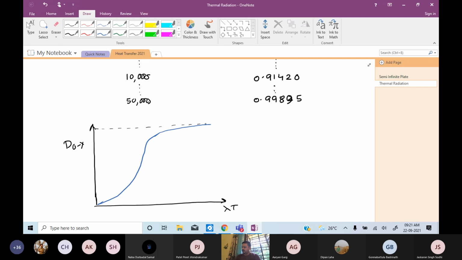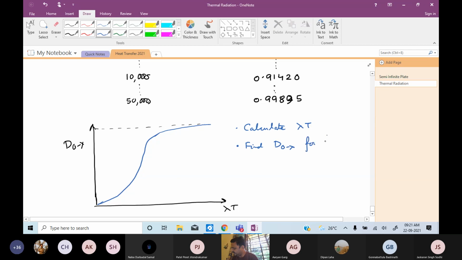Okay, so what are the steps? 1, calculate lambda T. 2, find f 0 to lambda for that lambda T from the above table.